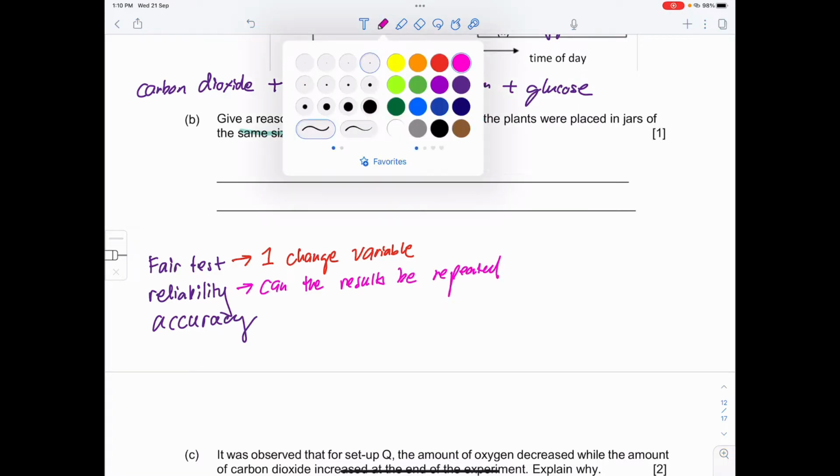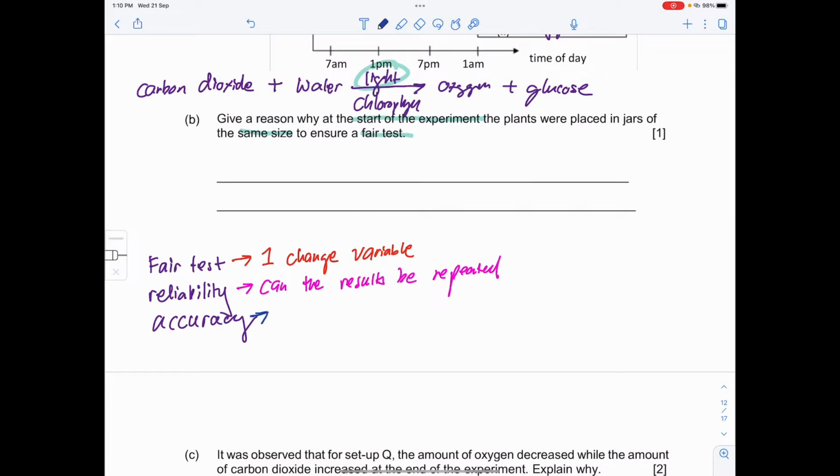And the last one, accuracy, talks about your measured variable. Okay, so what are the 3? I'm going to roughly talk about it. So in fair test, in order for a test to be fair, there can only be one change variable. Because when you have 2 change variables, you don't know whether your results are due to A or B. Let me give you a very simple example.